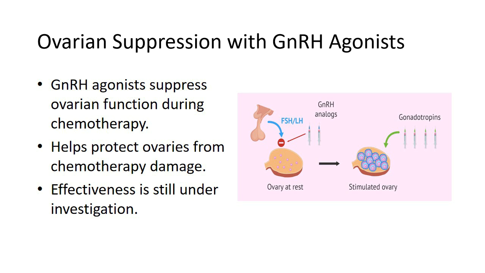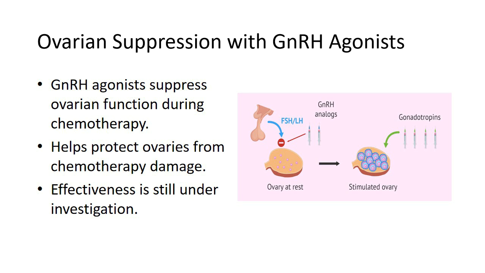This is often used for women who cannot undergo egg or embryo freezing, such as those with limited time before starting cancer treatment. Success rate. It is still being studied for its effectiveness. It may offer some protection, but it does not guarantee the preservation of fertility.